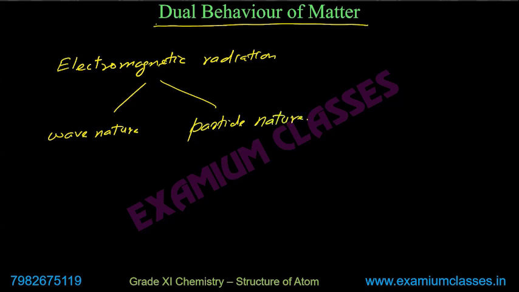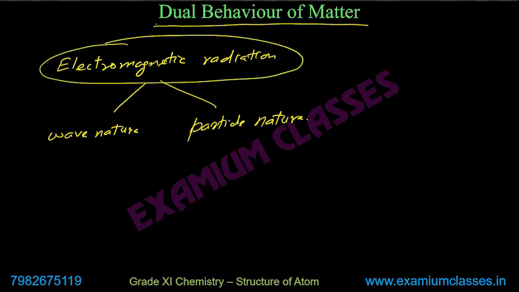But de Broglie, although it is written as de Broglie, pronounced de Broglie, said that it is not only electromagnetic radiation; it is actually every matter in the world which possesses both wave nature and particle nature.